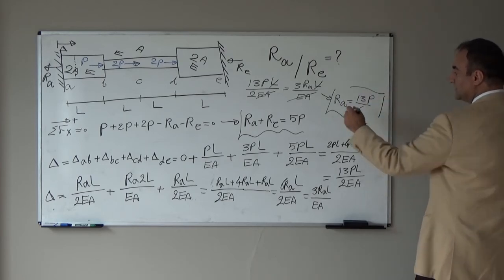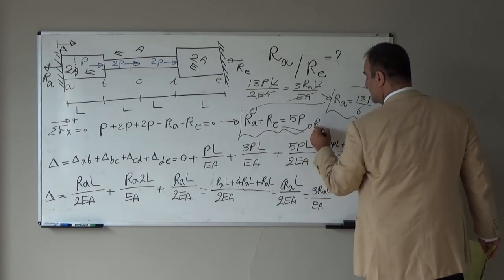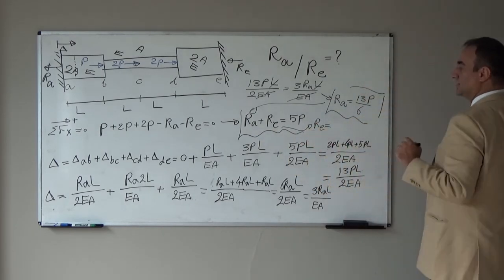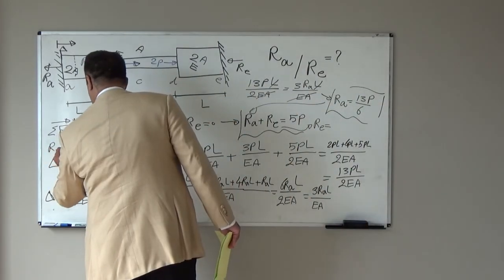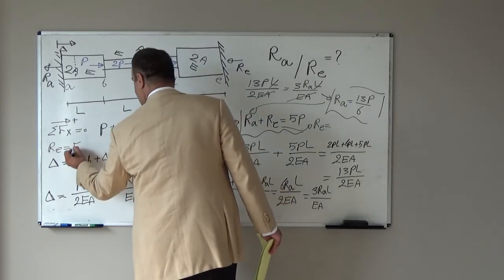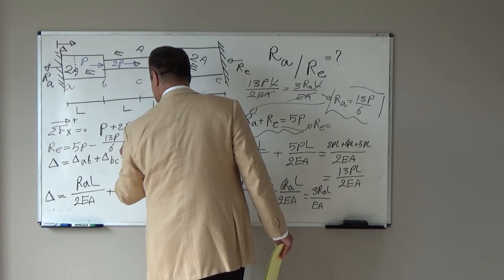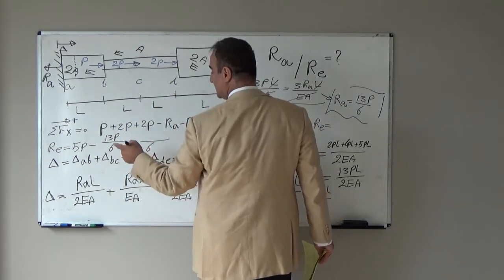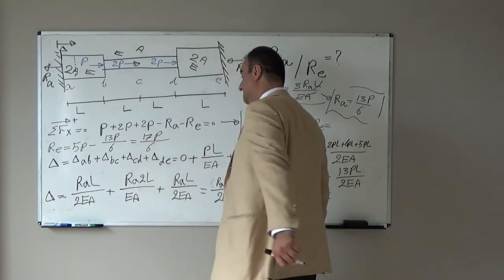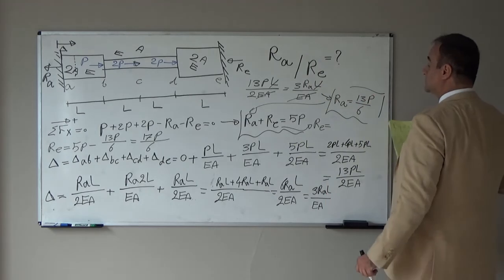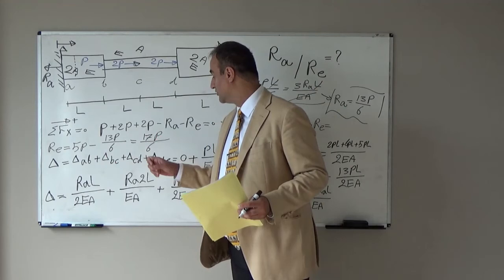If I plug this reaction in here, I can find reaction at point E. Reaction at E will be equal to 5P minus 13P over 6. That will be 30 minus 13, that will be 17P. So reaction at point E will be 17P over 6.